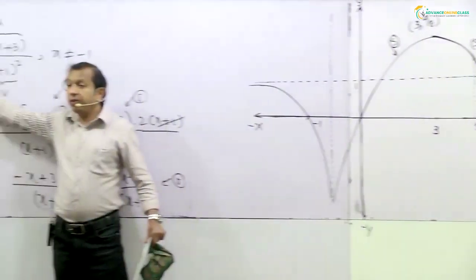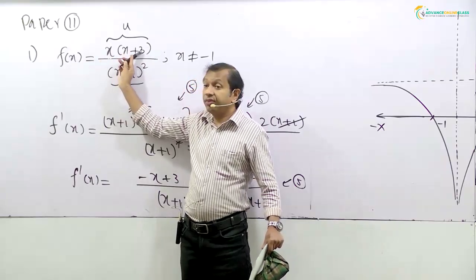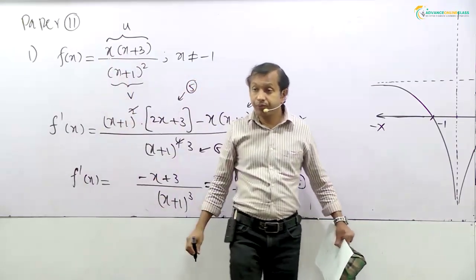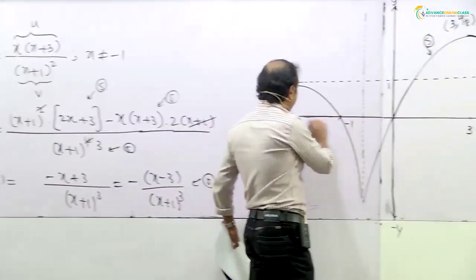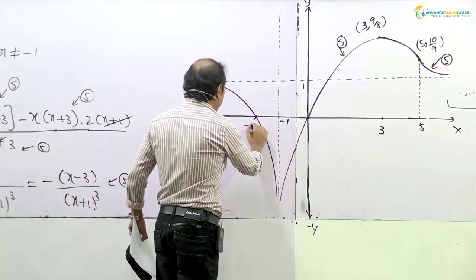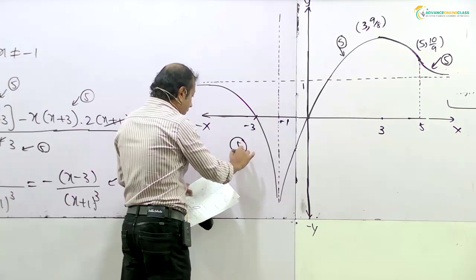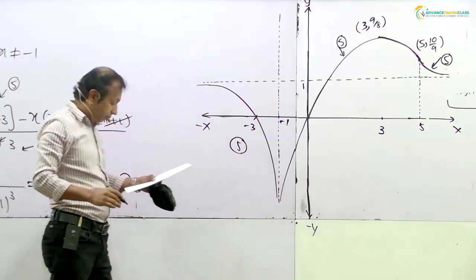Tell me when f x is 0, what are the two values for x we get? One is x equals 0, other one is x equals minus 3. Put minus 3. This is the minus 1, no? This is minus 3. For this, we get 5 marks. This is the sketch.